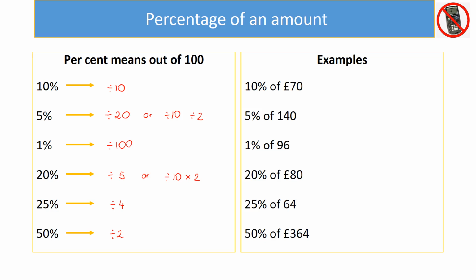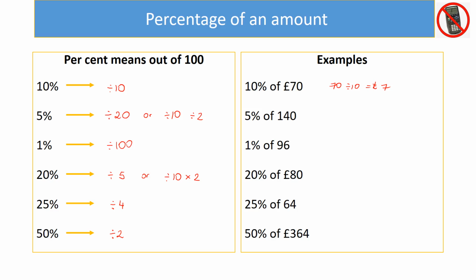So let's have a look at some examples. So if you want to work out 10% of 70, I know that to work out 10%, I need to divide by 10. So 70 divided by 10 is simply 7. Okay, so that's £7. If I want to work out 5% of 140, I could divide by 20.